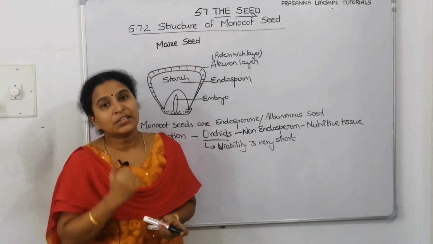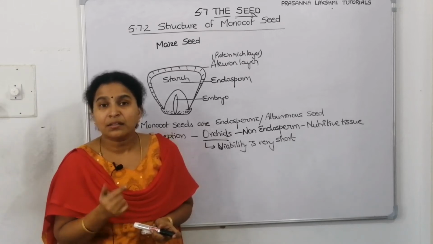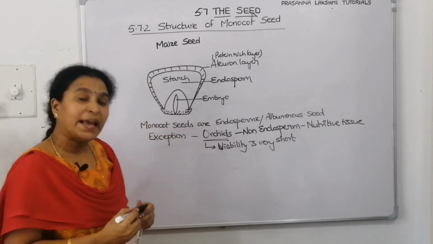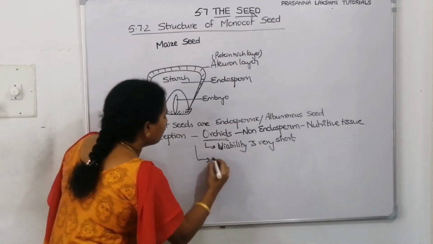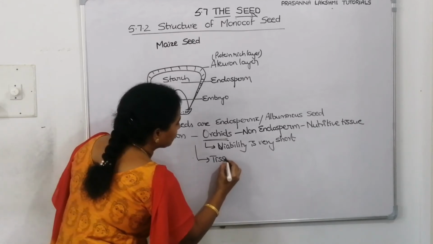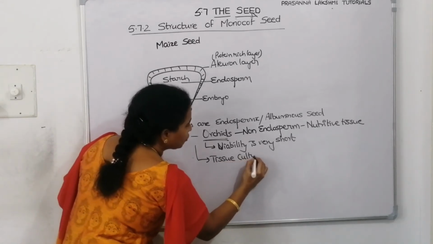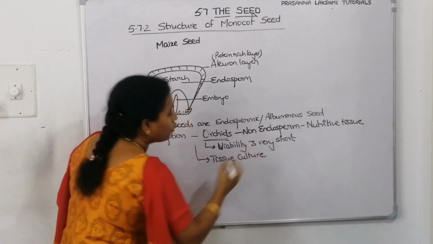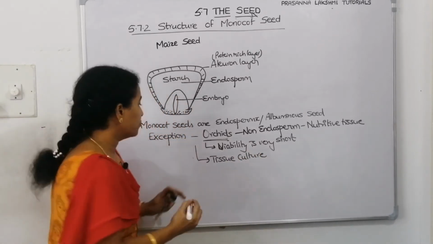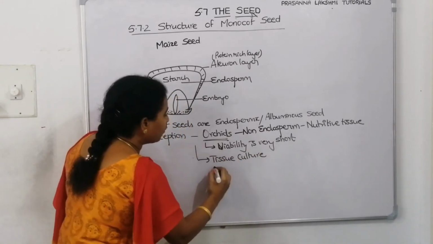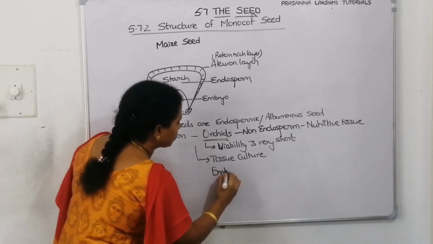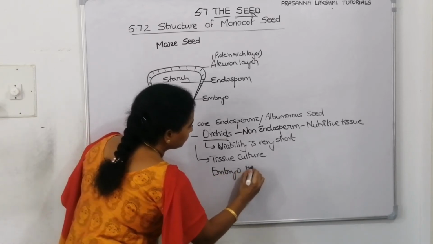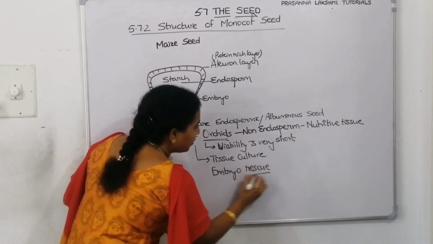So, we have a tissue culture technique, we have embryo rescue technique. There we will try to cultivate by providing extra nutrients. So, we will go with tissue culture, artificial cultivation. We will provide artificial nutrients, and the embryo which has died, we will do embryo rescue technique.